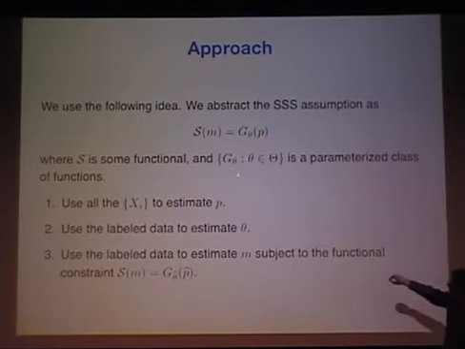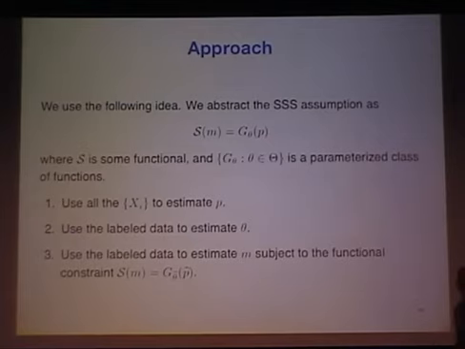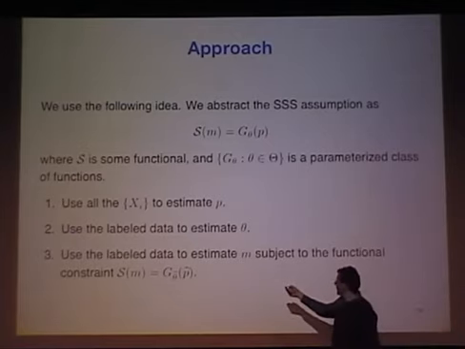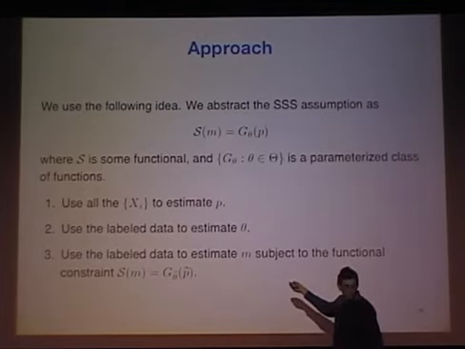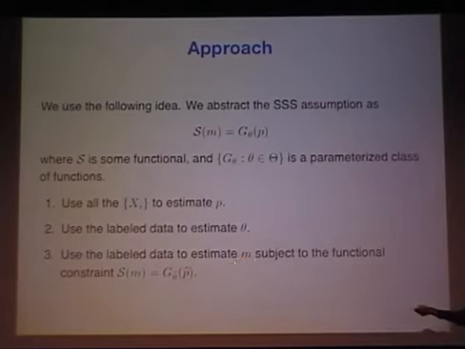In other words, we have some parametric set of maps that take a data density to a regression function, at least its smoothness parameters. I'll say what that means. We use all the data to estimate the density. We assume we have lots of unlabeled data, so we can estimate this well. We use the labeled data to estimate the smoothness parameters of the regression function. And then we use the labeled data to estimate the regression function subject to these constraints on the smoothness.